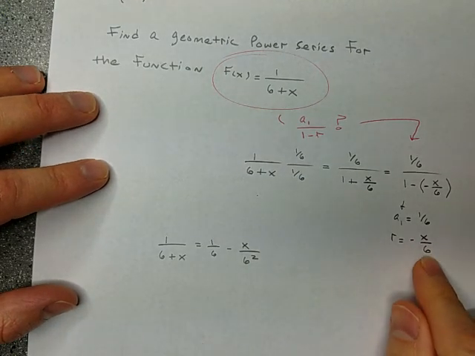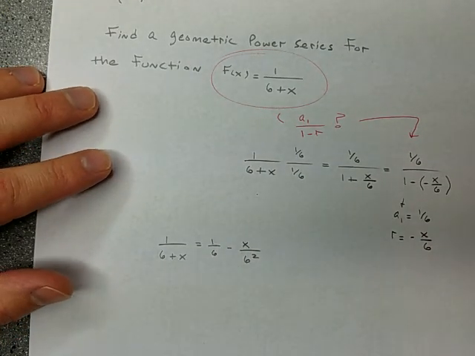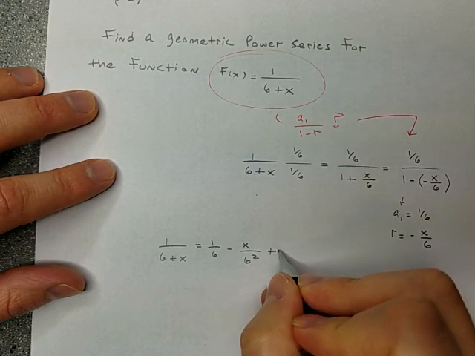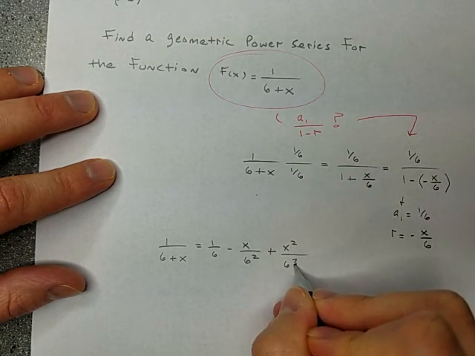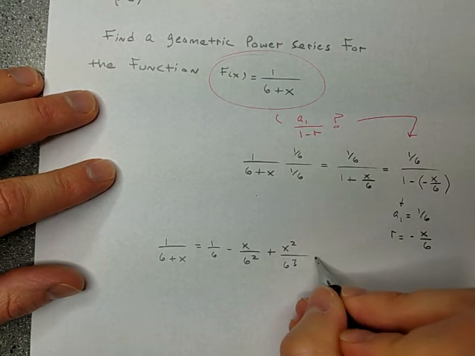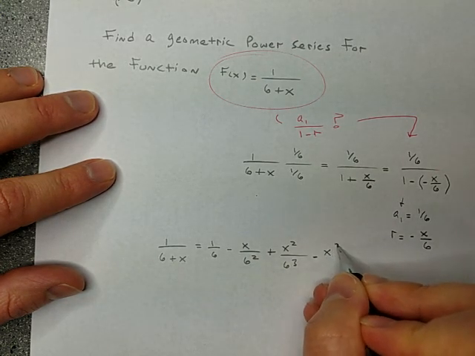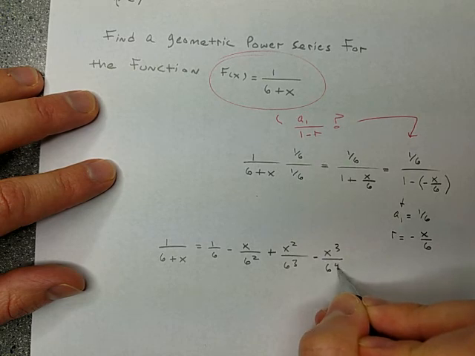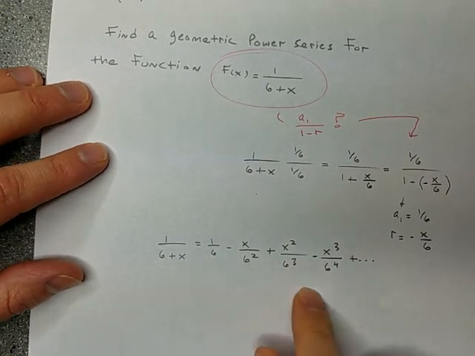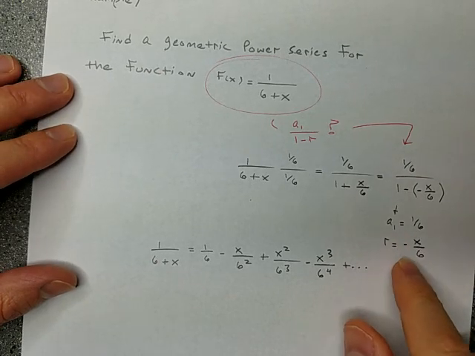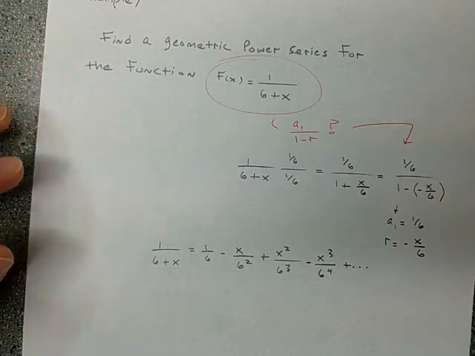R is negative x over 6, so I multiply every term by negative x over 6, plus x squared over 6 to the third. Let's write one more. Minus x to the third over 6 to the fourth, and it would go on from there. There's a geometric series with this initial first term and that common ratio.